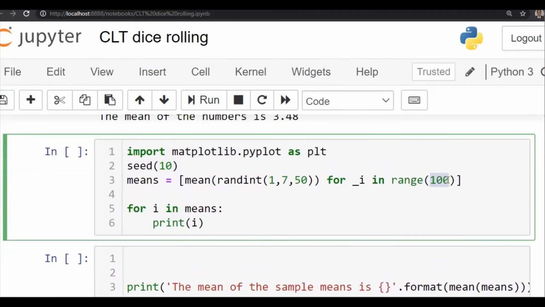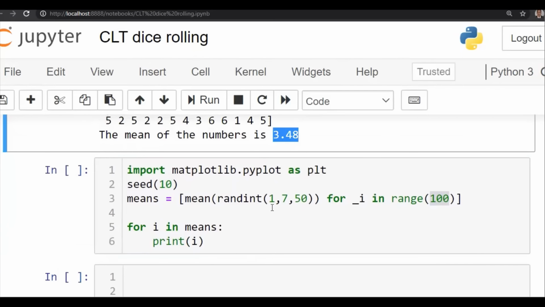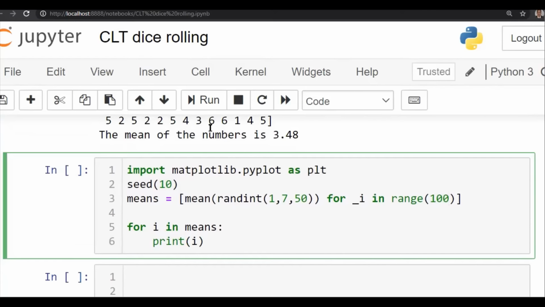So 100 times will do the same task. So how many X bars are there? You will get 1 to 6, and then you will get the mean also because I've written mean here. 100 means you will get 1 mean we got here. You will get 100 means here. Let me run this one.